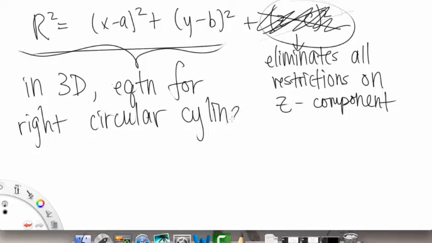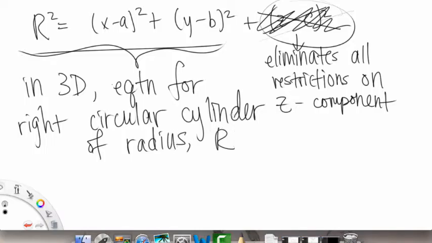And I'll show you how it is. Like I said, because there's no restriction on z, all we have are restrictions on x and y now. And I should say of radius R, because our radius is just sitting there, radius capital R.